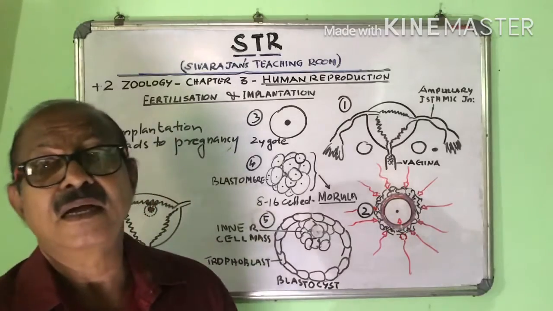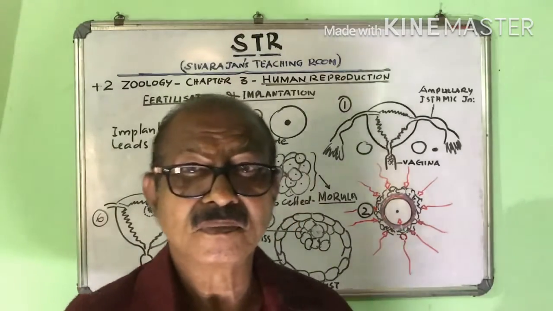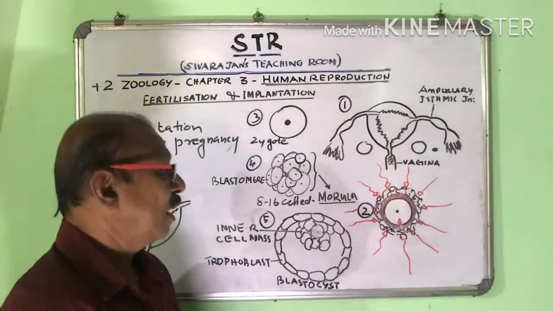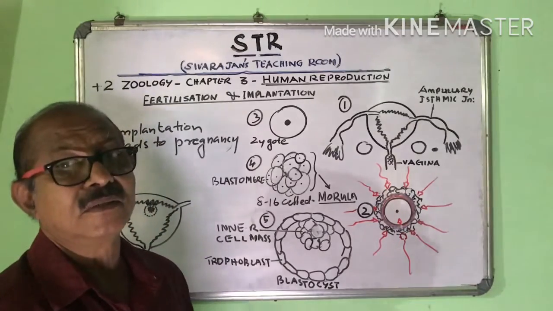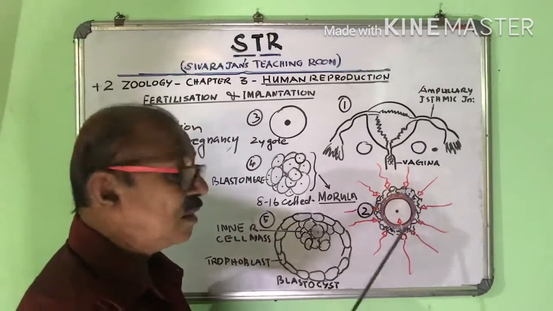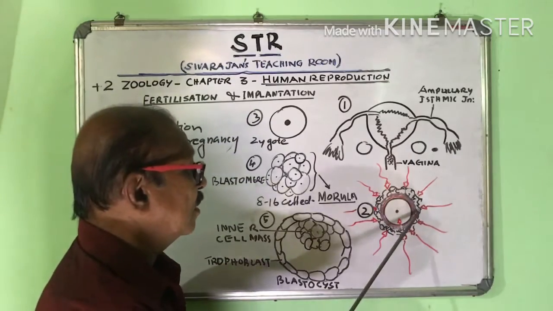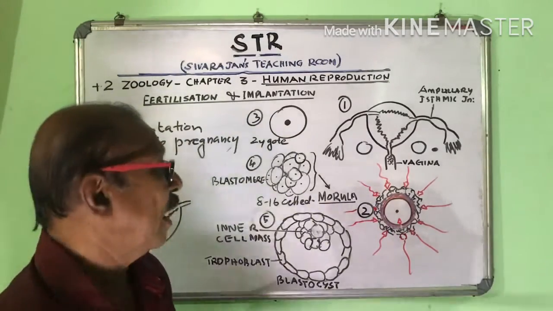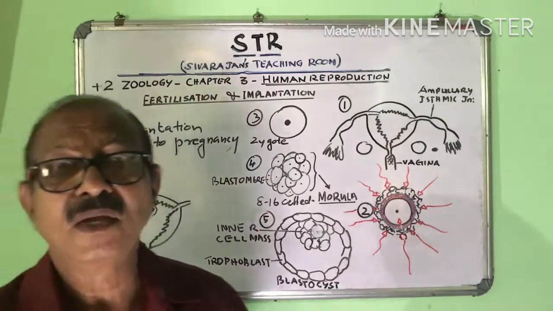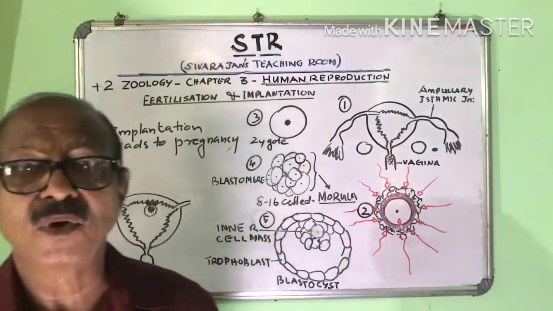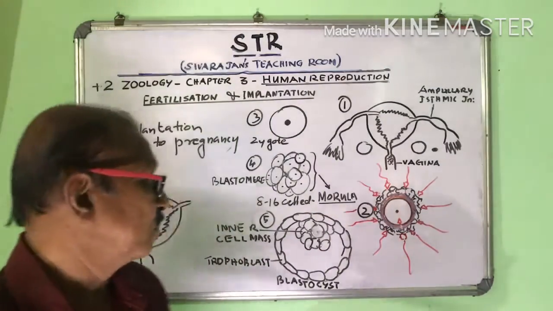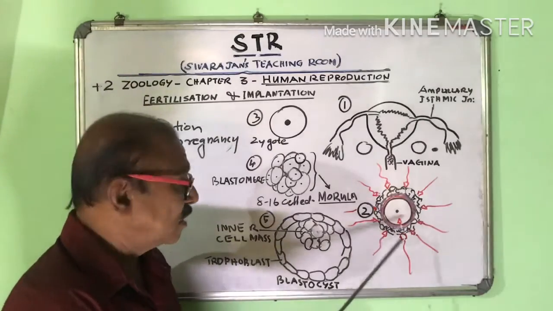It undergoes meiosis 2 and 2 haploid cells are produced. One is a very small cell, the second polar body, and the bigger cell is the actual ovum, or we can say the ootid. So what is the change that takes place here?